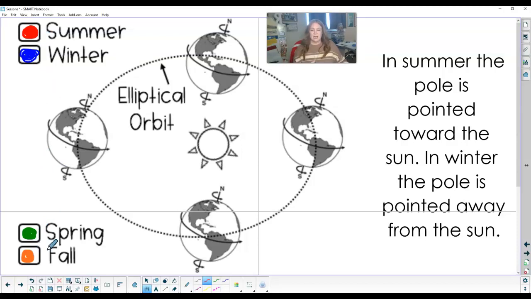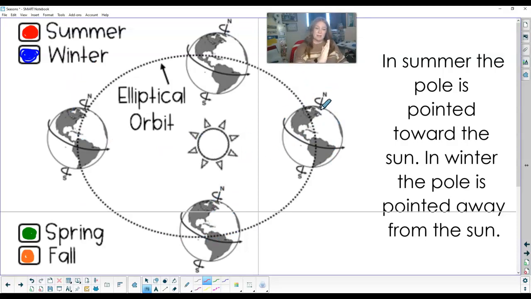Okay, so now you should have your four colors. And we're going to color in our answer keys. So summer is red, winter is blue, spring is green, fall is orange. So here is our sun. Here we can see the north and the south, north, south, right? So it's always tipped toward the north as it goes around.